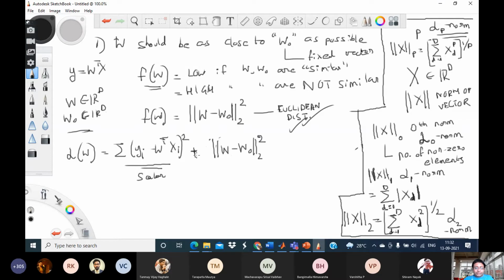Now you can see, as I already mentioned, that this scalar part is the empirical loss, where I am trying to fit my model onto the data, onto the observations, and this is the structural loss, where I am trying to enforce a structure on W, which I have done through this Euclidean distance.